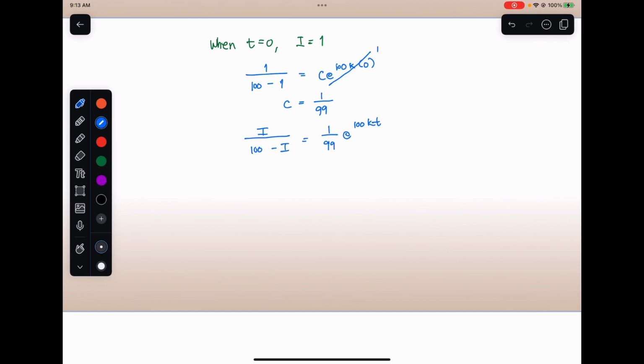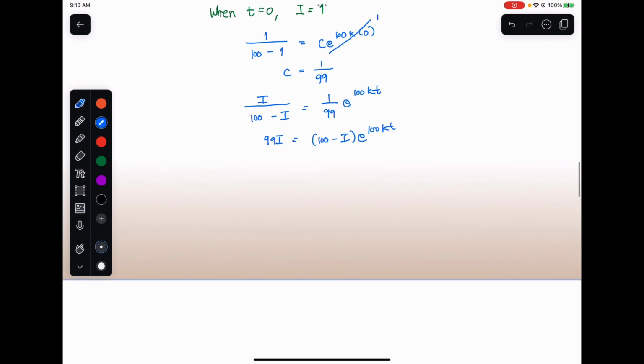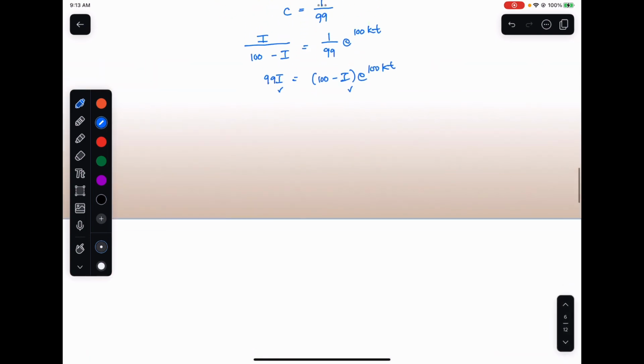So we transpose. The 99 will become 99I, and the other one will become 100 minus I multiplied by e raised to 100 kt. But we need to express I in terms of k and t, so we need to combine the I's. We have two I's, this one and the one on the right hand side. That is why we distribute: 100 e raised to 100 kt, minus I e raised to 100 kt.